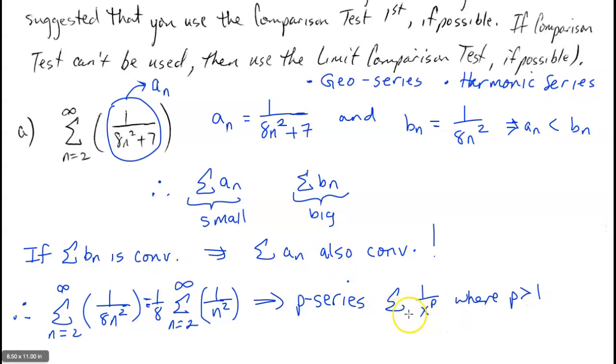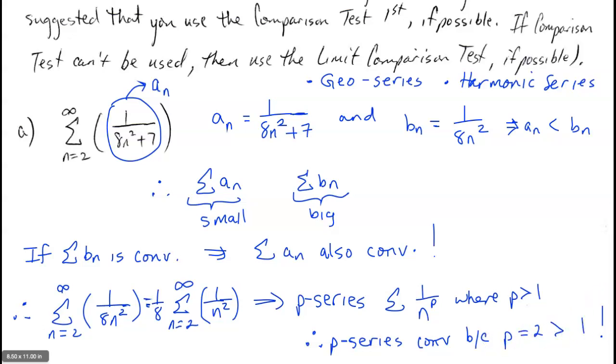And we know that for a p series, I'm using x here because that's how we originally saw it, but since we are dealing with series now, we're going to let that actually be n, meaning natural numbers. So our p is equal to 2, which is greater than 1. And we know that p series converge whenever the value of p is greater than 1, okay? So therefore, the p series converges because p is 2, which is greater than 1.